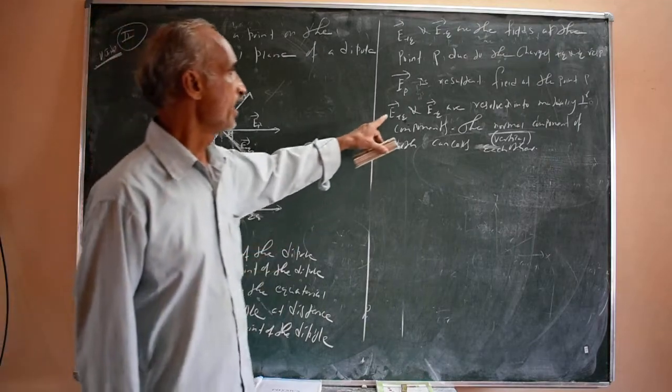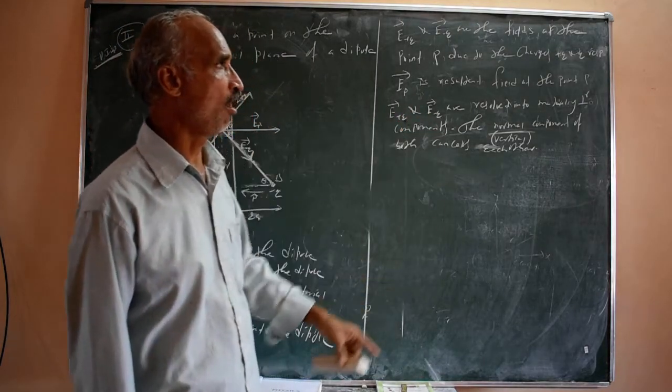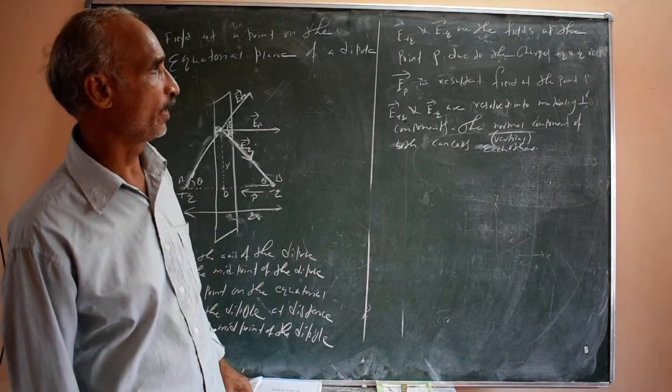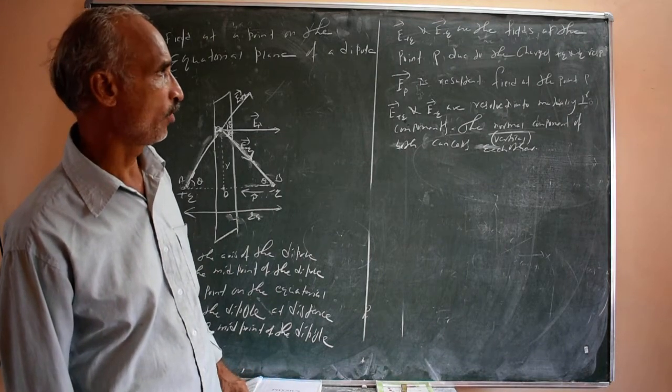Okay. Therefore, E plus Q and E minus Q are resolved into two mutually perpendicular components.